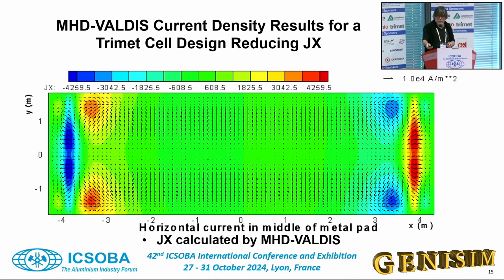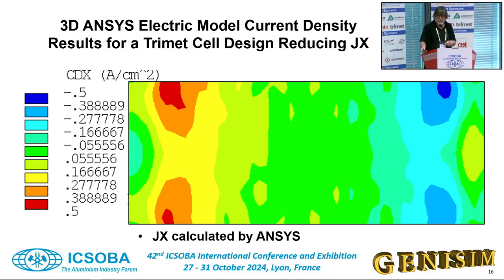So that's the solution with MHD Valdez. And of course, I got a completely different current pickup for all my bars. So I imposed that solution to ANSYS. I got essentially the same solution. So I'm now confident that MHD Valdez and ANSYS are producing the same solution for the same setup.